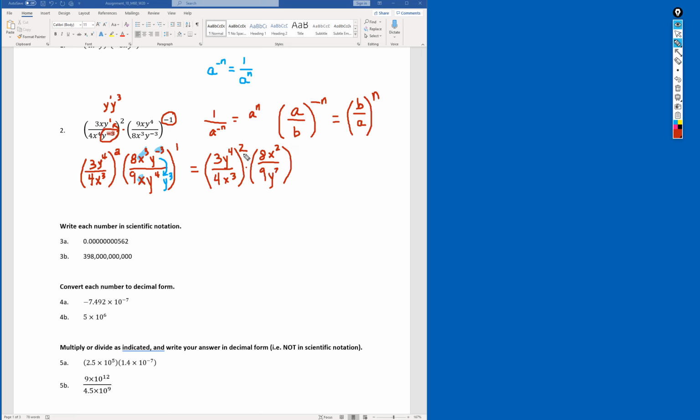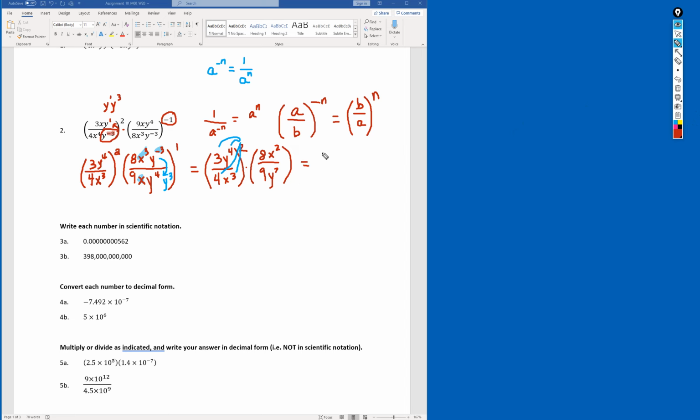The next thing we need to do is to deal with this outside exponent here of the 2. Oops, I meant to change to highlighter and I didn't. Undo. We need to deal with this outside exponent of the 2 by distributing it to every single thing that's inside here. So let's write out our next step.